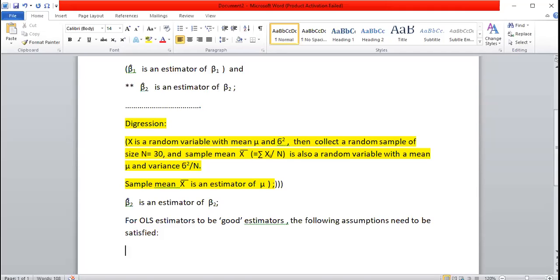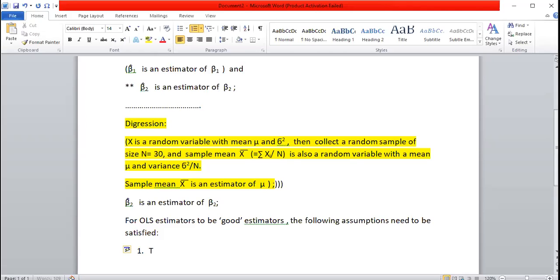Okay, so what are the assumptions? There are many assumptions. I'll pick only the major ones. We are doing these assumptions so that OLS estimators like beta 2 hat are good estimators of beta 2.